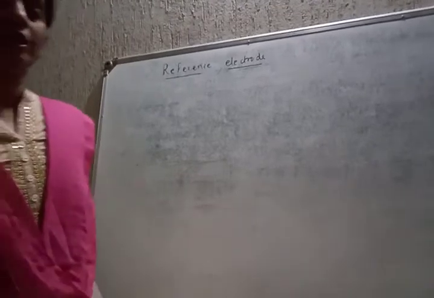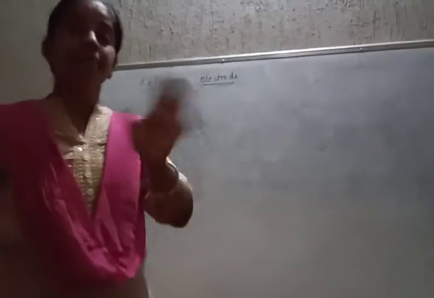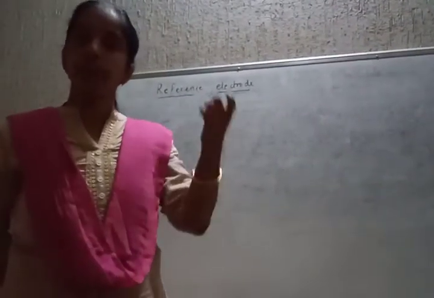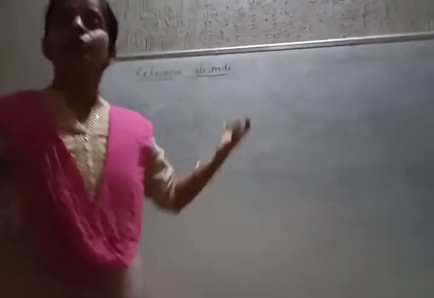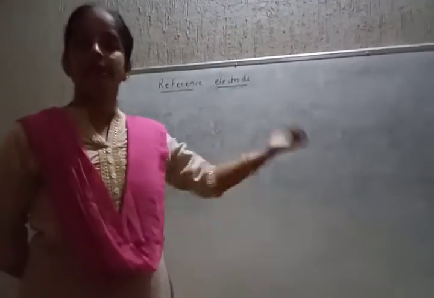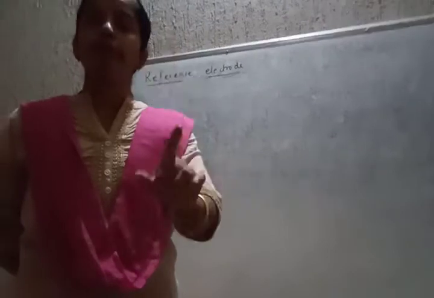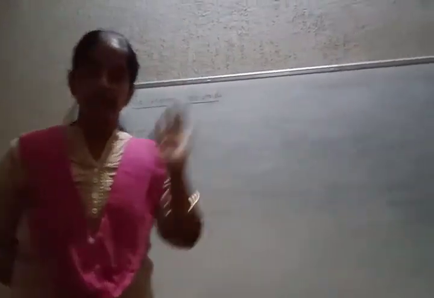Let me repeat what I said. A galvanic cell consists of two electrodes. Whatever potential difference is obtained across a galvanic cell is due to the combination of both the potentials at the anode and cathode. What I will do is reduce the potential of one of the electrodes, maybe cathode, maybe anode, to 0.